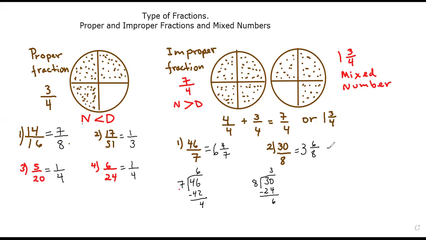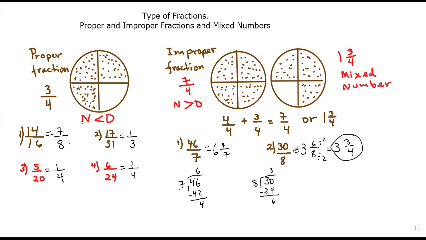So I'm going to write 3, and divide the 6 and the 8 by 2. 6 divided by 2, 8 divided by 2. So my answer will be 3 and 3 over 4. This is the mixed number that is represented by 30/8.